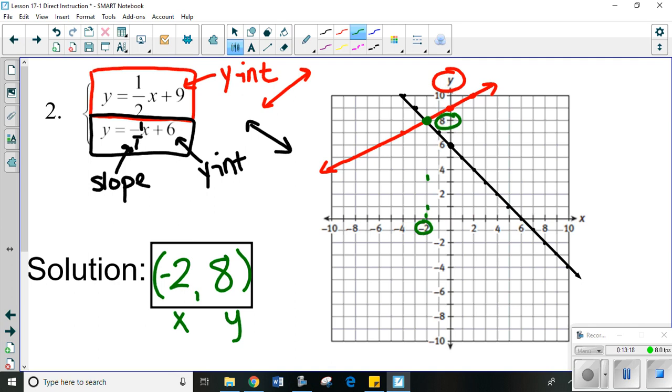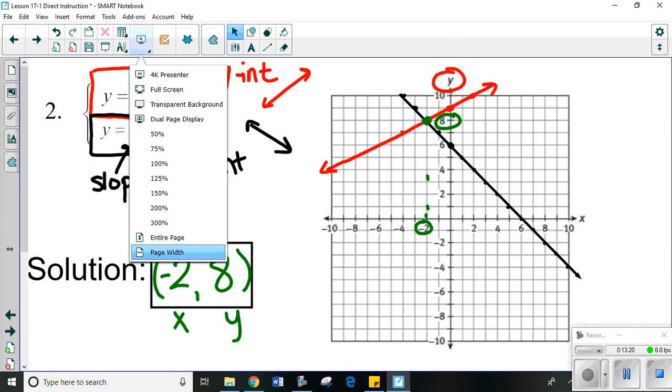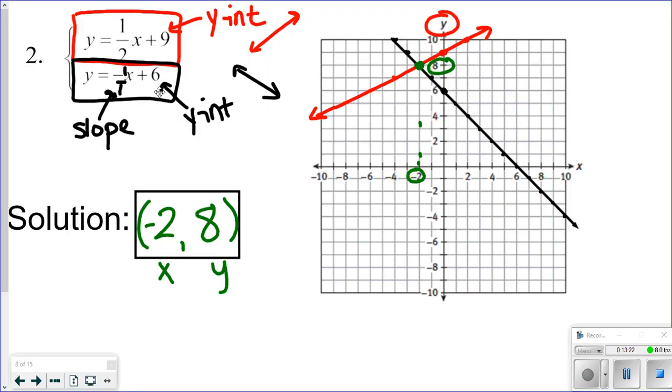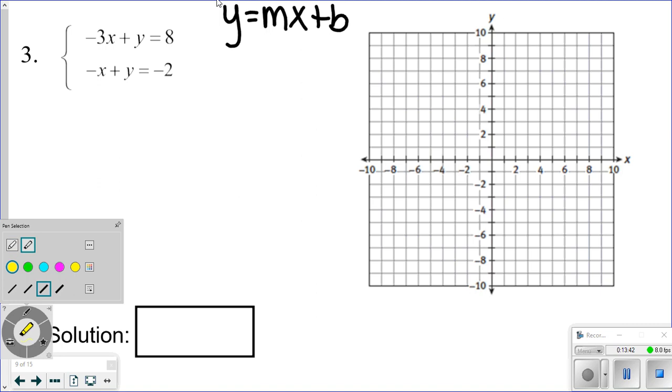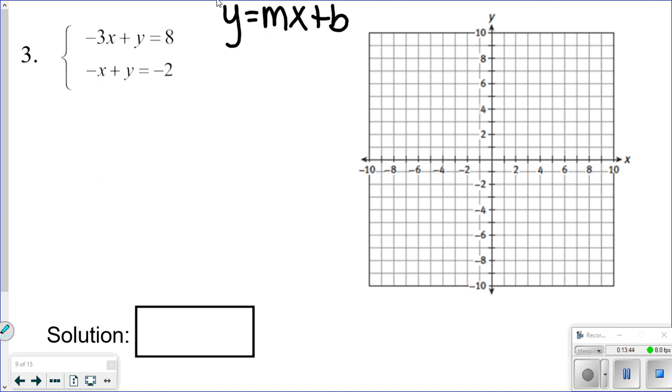So on the back of this worksheet, you are going to see questions 3 through 8. For question 3, both of these are not in slope-intercept form. So we want to convert them to y equals mx plus b. And we've been doing this since activity 12. Okay, so you're all rock stars at this.